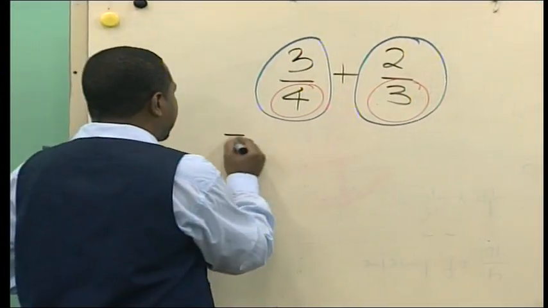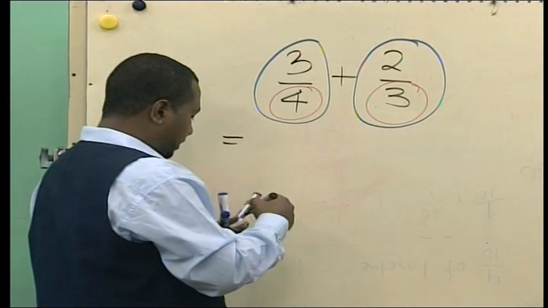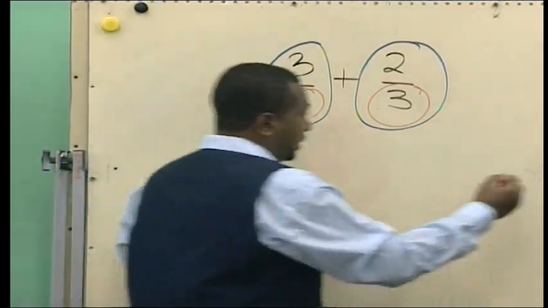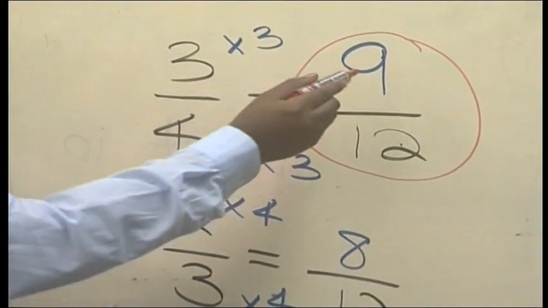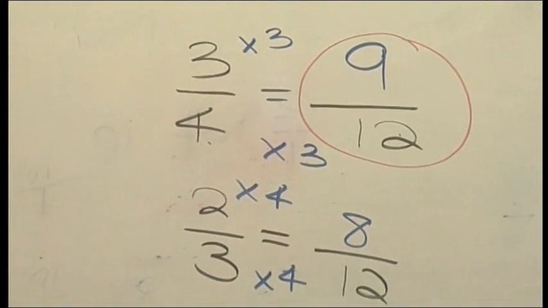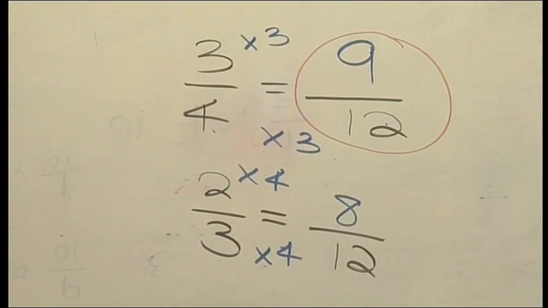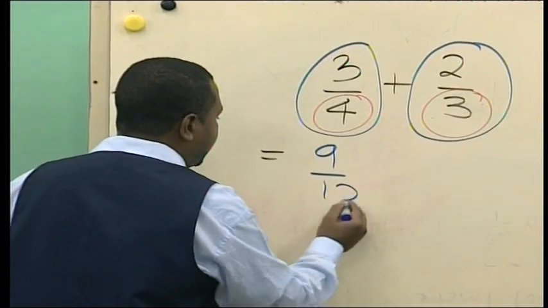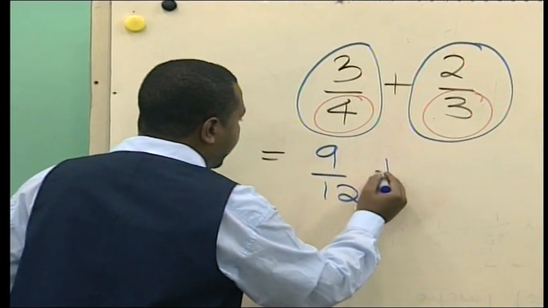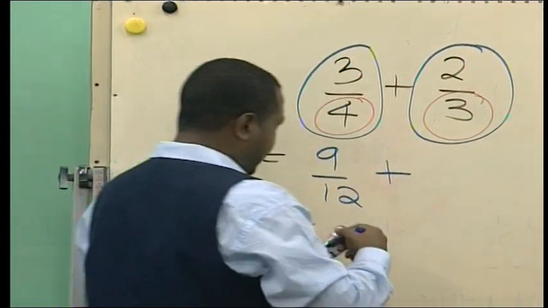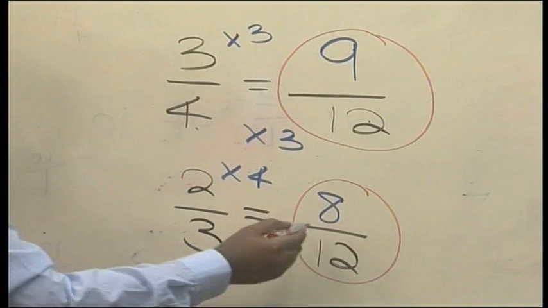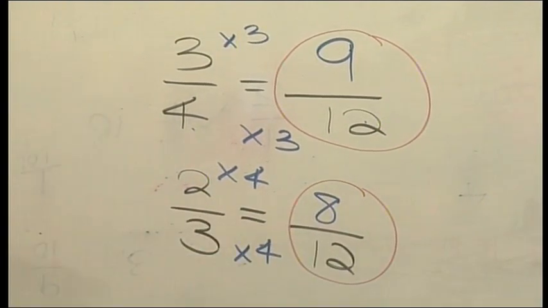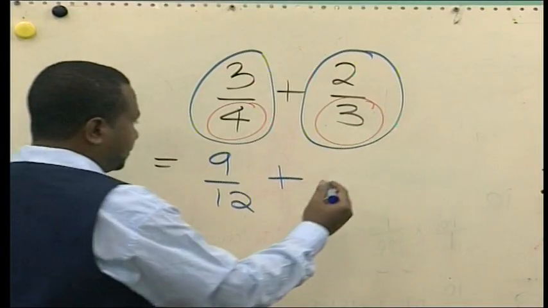So let's complete our working out. The first fraction we used was 3/4 and the equivalent fraction is 9 over 12. So we write 9 over 12, the operation sign plus, the second fraction is 8 over 12. That's the equivalent fraction of 2/3.